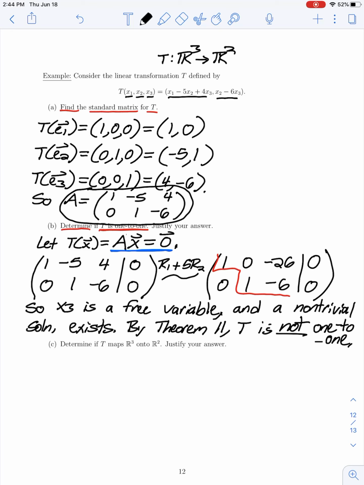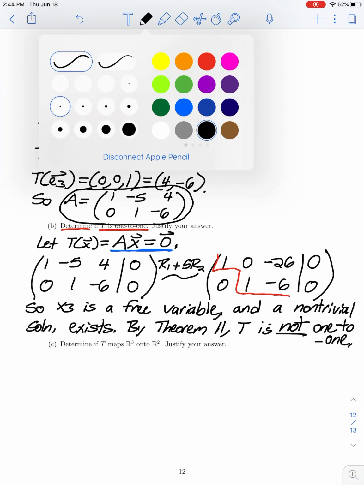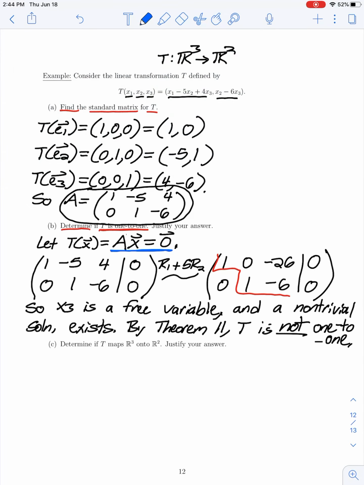All right. Now, equivalently, we could have made use of theorem 12 to get this result. So here, if we think about the columns of the matrix A, our columns of this matrix A are the following 3 columns. We want to ask, are those columns linearly independent?